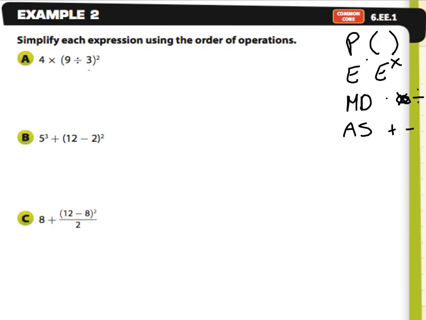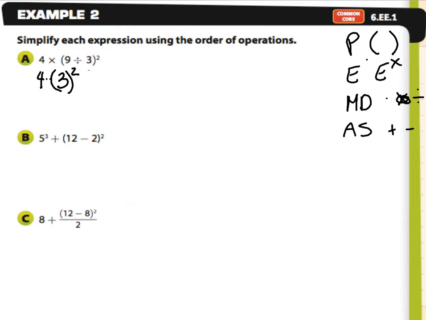So what it's saying is, I want 9 to be divided by 3, and then I want the answer to that to be squared. So I don't want to use the 4 yet. I don't want to use multiplication, but I want to do 9 divided by 3. 9 divided by 3 is 3. And so that's what I want to square, because that's the answer to 9 divided by 3.